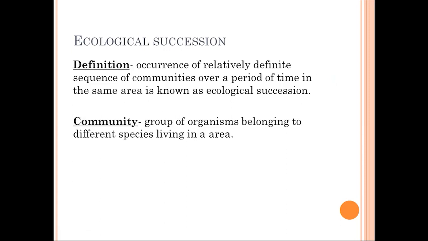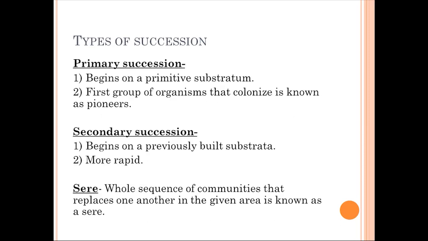And then we have discussed what is ecological succession. It is the occurrence of a relatively definite sequence of communities over a period of time in the same area. So the group of organisms belonging to different species in a living area is known as a community. And then we have discussed the types of succession.